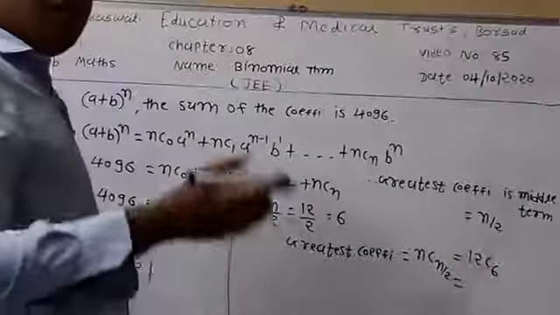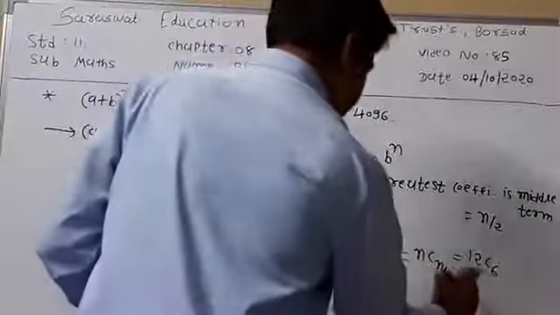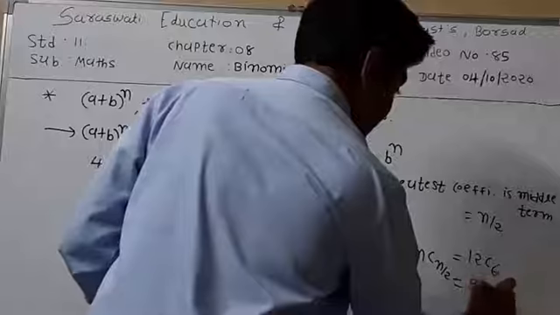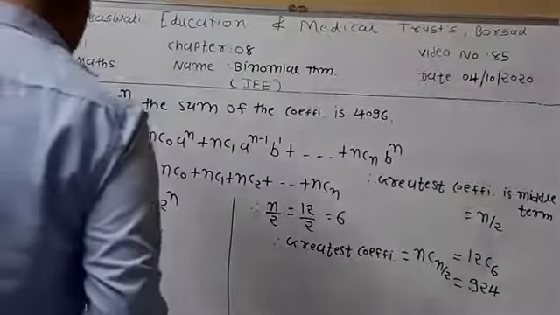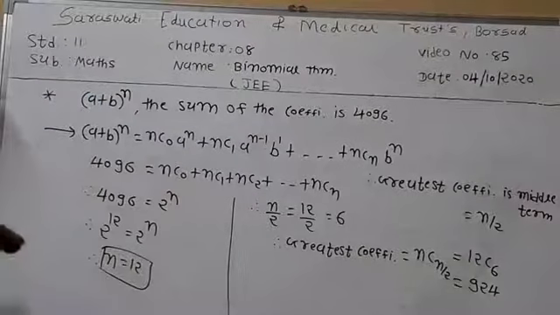After using the formula of combination and simplifying, 12C6 is equal to 924. Clear? Okay. Now next one.